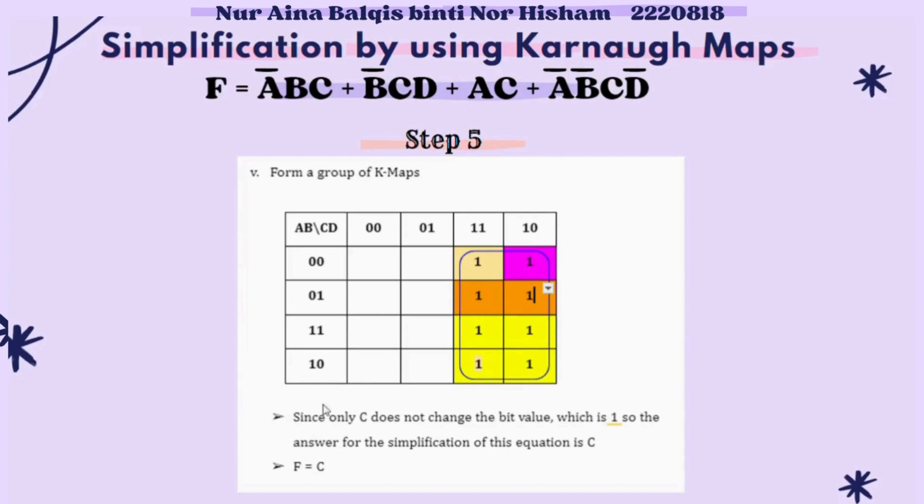So F equal to C, since only C does not change bit value. It's still 1 and 1, while A, B and D change in bit value. So F equal to C. So that is the answer for this equation.